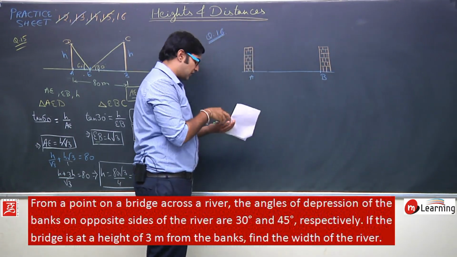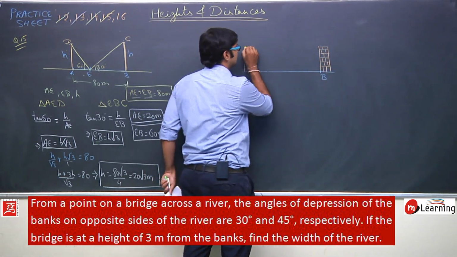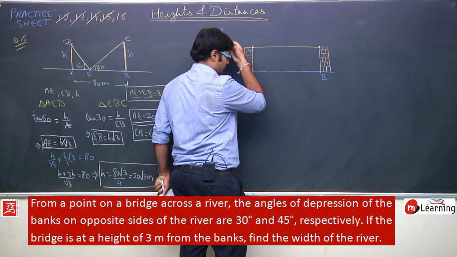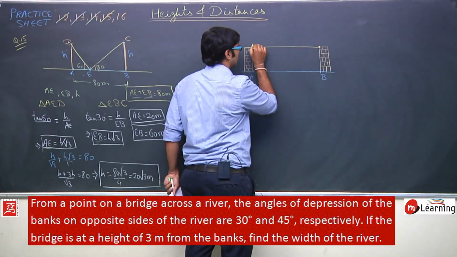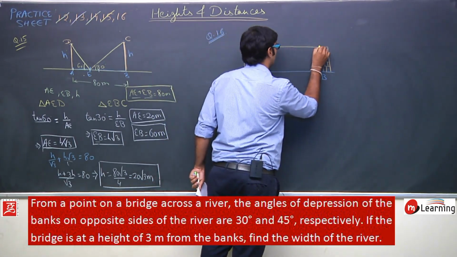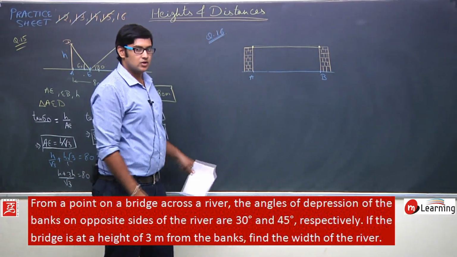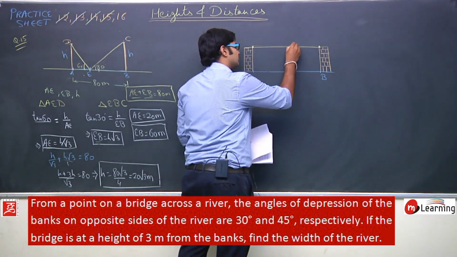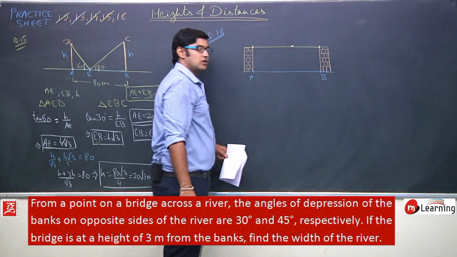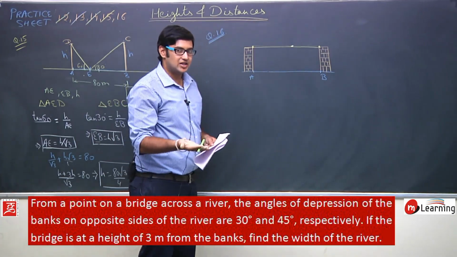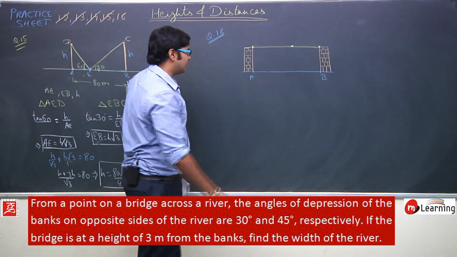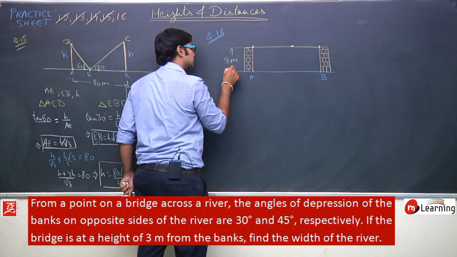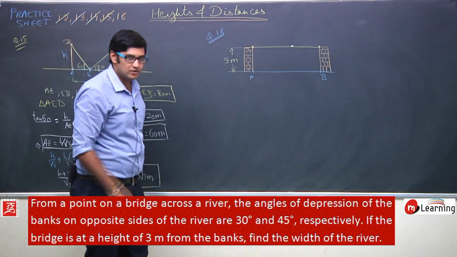So these are the two towers, and let us say this is the bridge. Okay, so I am standing on this bridge, somewhere here. It says that the bridge is 3 meters above the river. So this height is given as 3 meters.